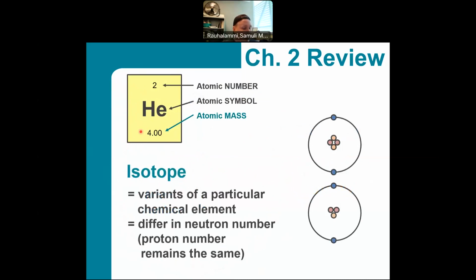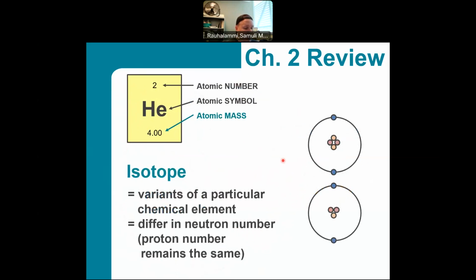One of the interesting things we sometimes see is that this atomic mass can vary in terms of the number of neutrons. The number of protons remains the same, but the number of neutrons is different. However, the neutrons' contribution to the mass is rather small.